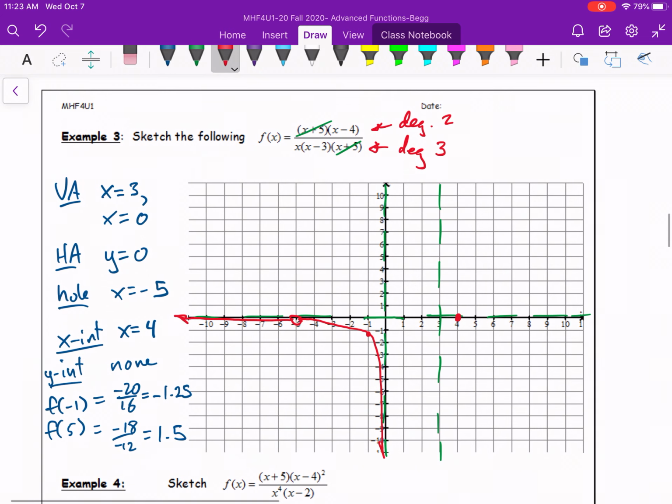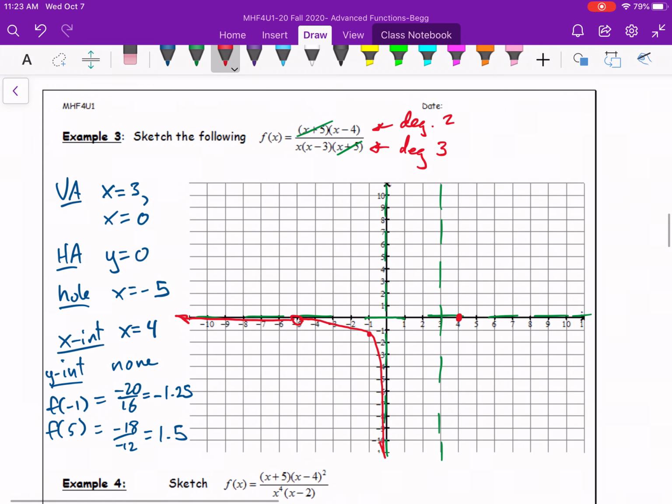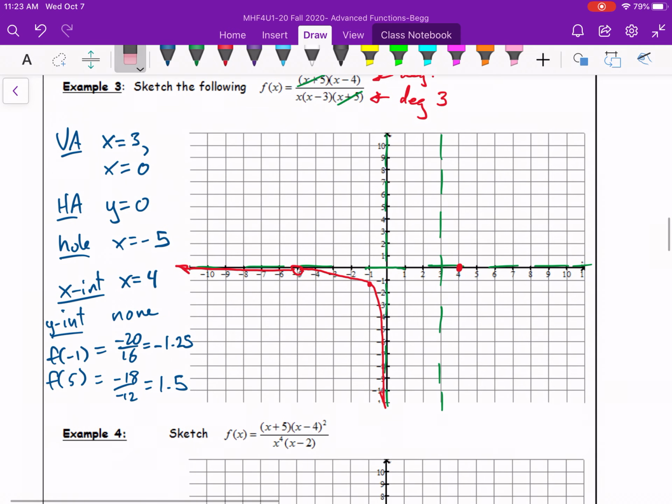Sorry, that was for f equals 1. Wrong value there. When I put 1 in, I get 1.5. Let's do that one instead. I just had a couple points pre-made to save us time, and I did the wrong one. So when x equals 1, we get 1.5.